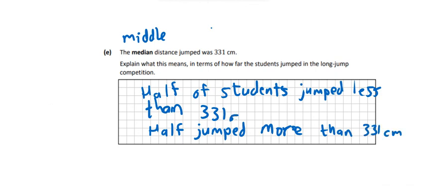So I should put in the units here as well, so centimeters. So half of the students jumped less than 331 centimeters, and then half of them jumped more than 331 centimeters.